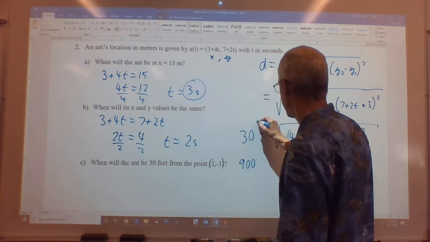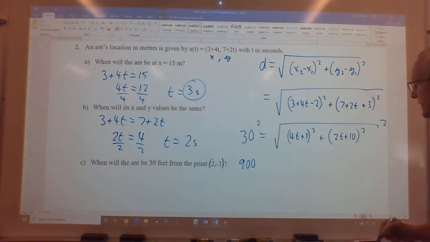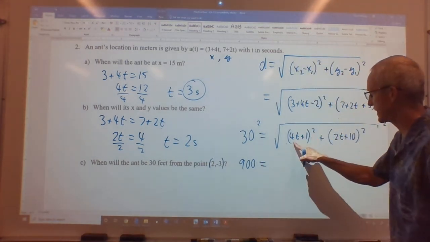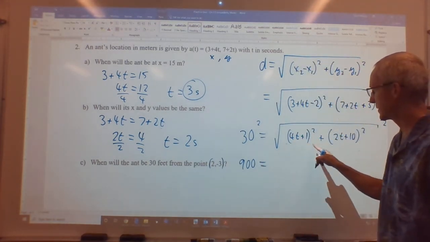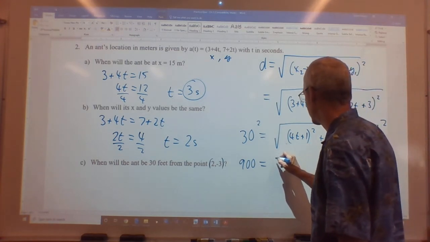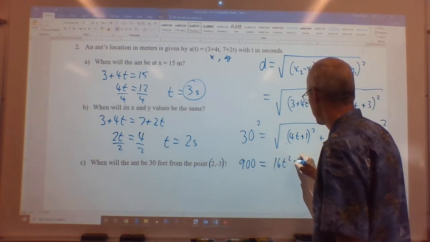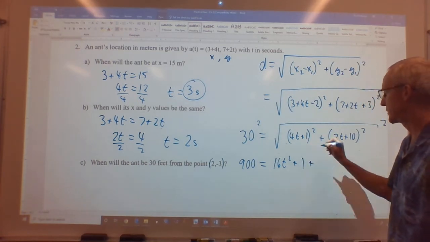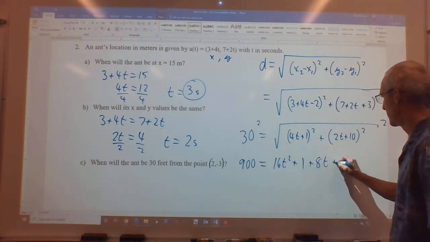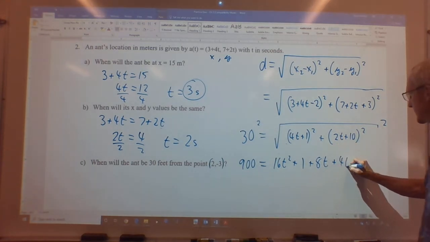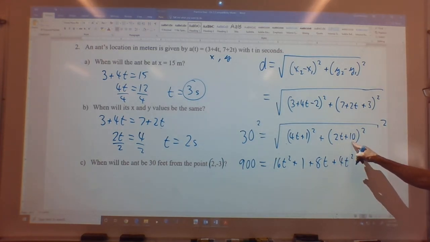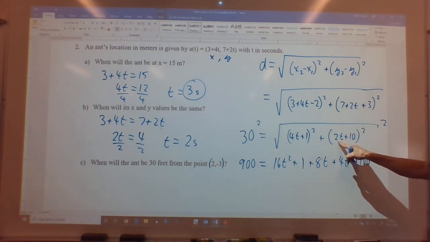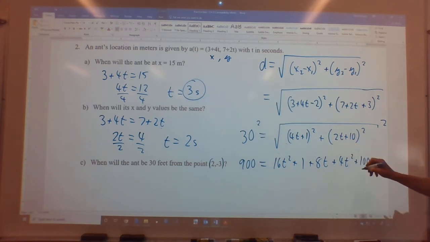So square both sides. 900 equals this squared, remember it's this squared plus that squared plus 2 times it multiplied together. 4t squared is 16t squared plus 1 squared is 1. Multiplied together is 4t times 2 is 8t. Plus 2t squared is 4t squared. 10 squared is 100. Multiplied together I get 20t, times 2 is 40t.